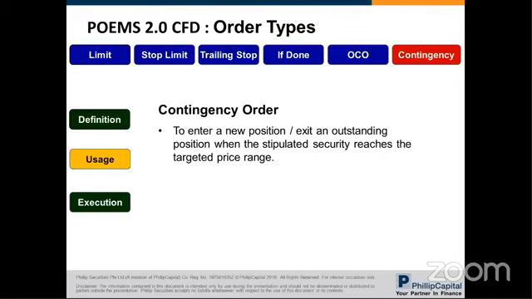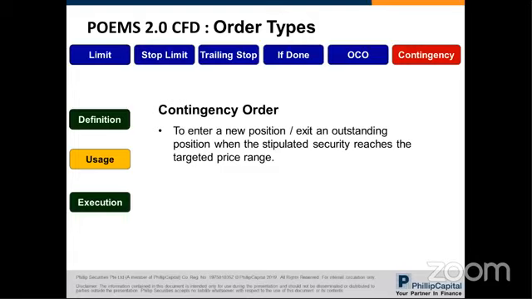In this case, it's for you to enter a position in a certain counter, or to close a position when some other securities move the way you don't want. One example would be China Aviation.